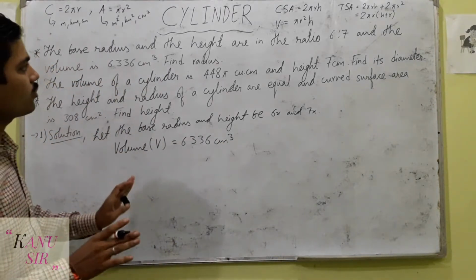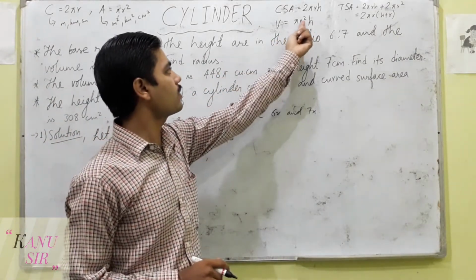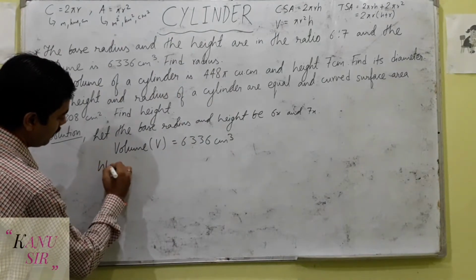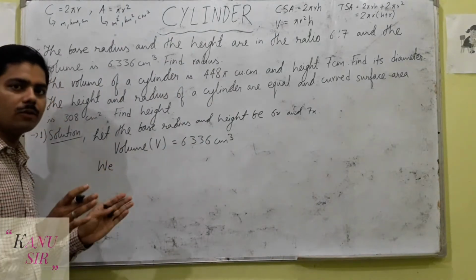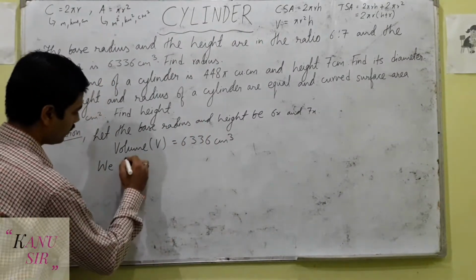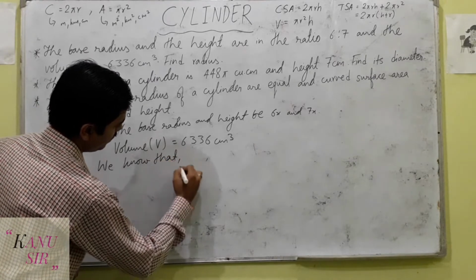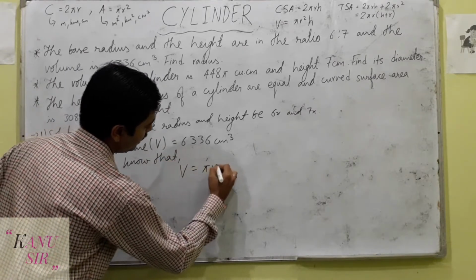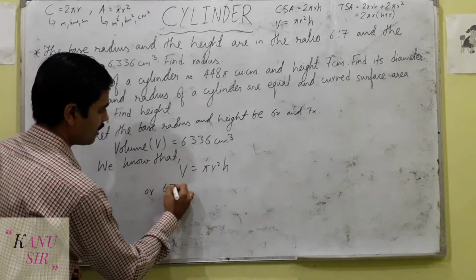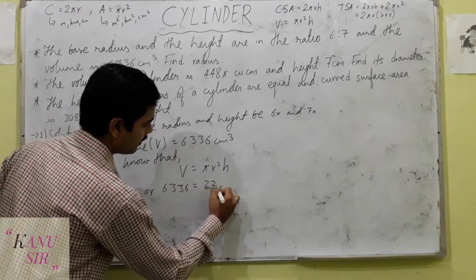So we don't have to think more. Simply the formula here is given, pi r square h as the volume. We will be using that here. As I have said in the previous video, don't make different formulas for the same topic. We know that volume V equals pi r square h, or the volume is 6336, pi is 22 by 7.